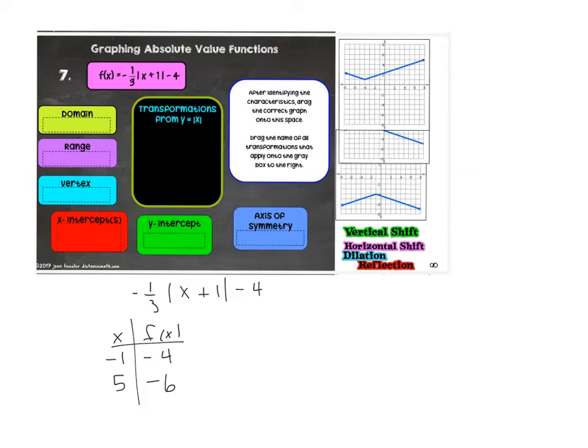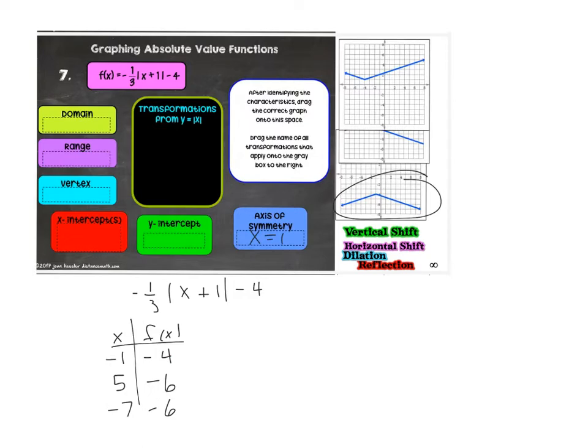Oh, I'm on the wrong side. 5, negative 6. Yep, that works. Right? And if you wanted to, you could plug in, let's say, negative 7. That would be equidistant. And that would give you the exact same thing, right? So it is going to be this one right here. Axis of symmetry, x equals 1.